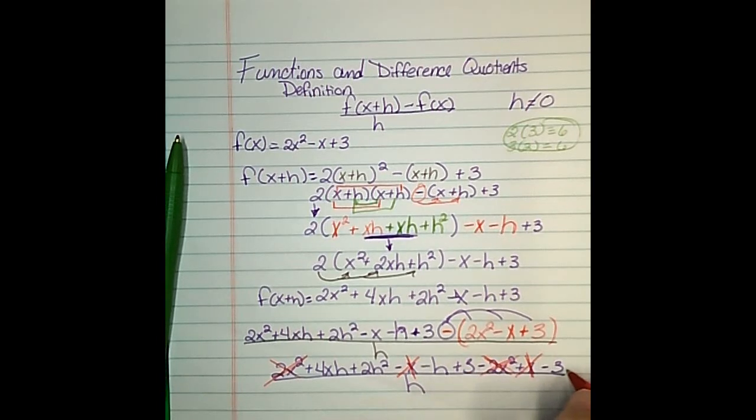I have a positive 3 and a negative 3, so they go to 0. And now I'm left with 4xh plus 2h squared minus h, all divided by h. You can rewrite it in separate terms if that makes it easier for you.